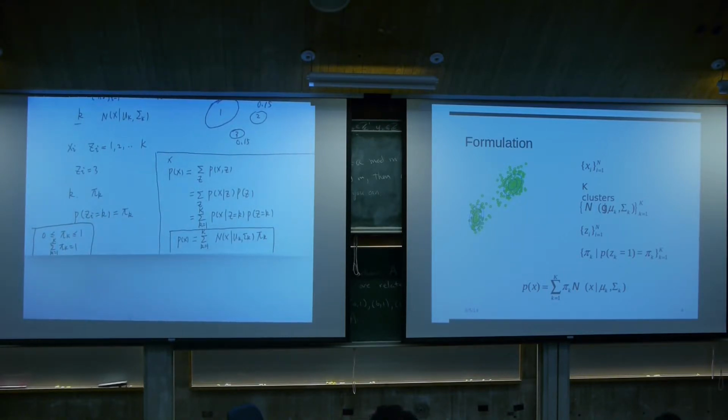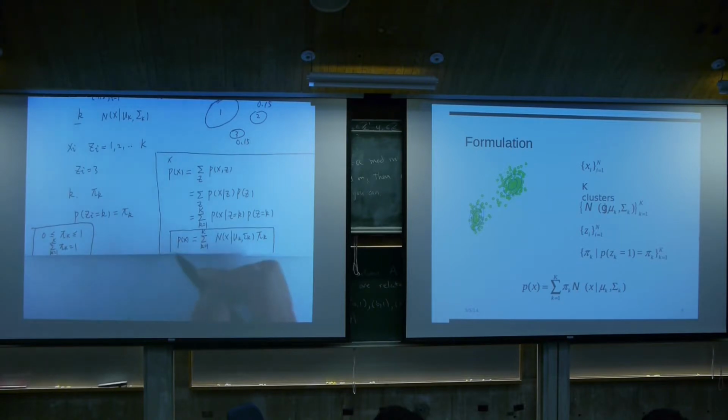Remember that the meaning of pi_k is the prior probability of choosing a cluster. So we have capital K clusters here, so their sum must be 1, and each component pi_k must lie in 0 to 1.